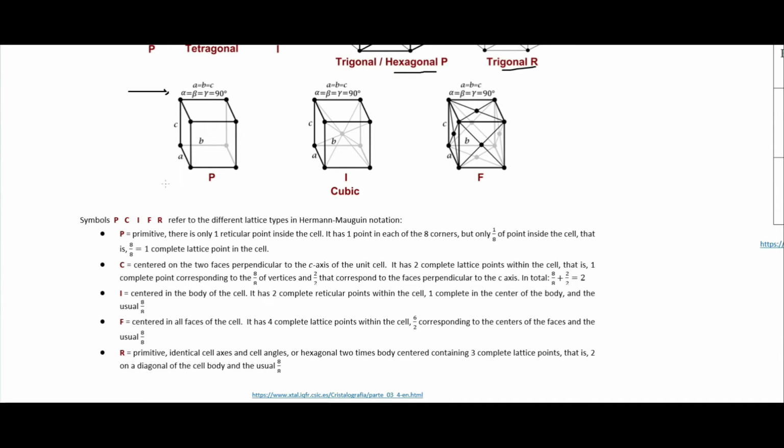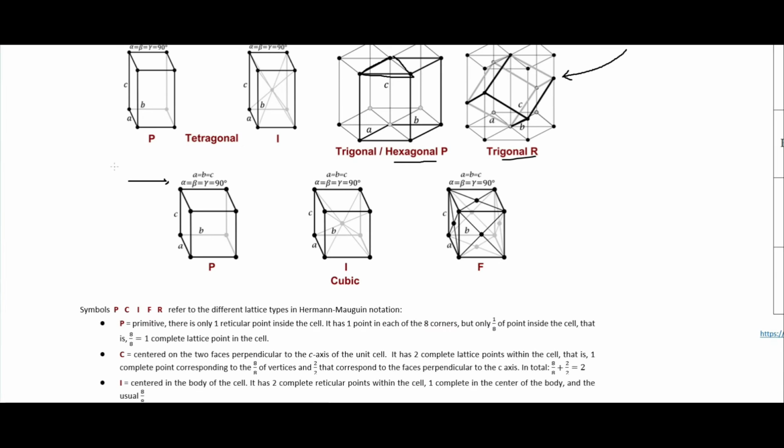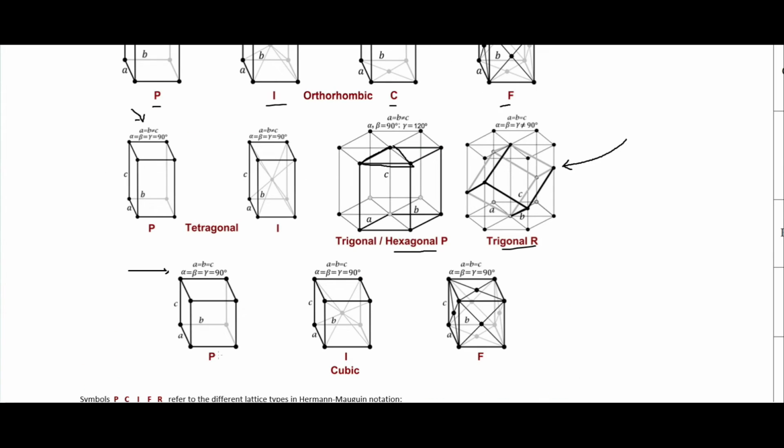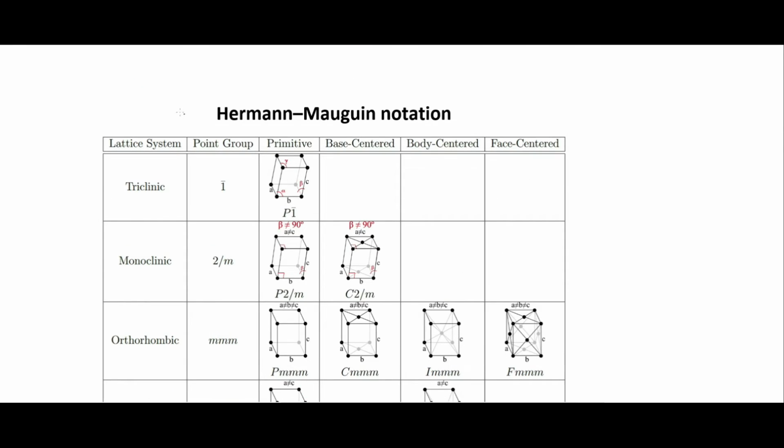And so those are the syngonies, I guess, of the Bravais lattices. I actually had this other table over here, and it just shows the same thing, but I wanted to show that you'll often see these written with these point group names.